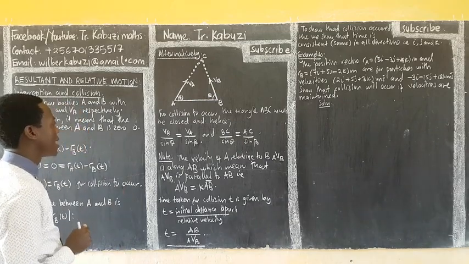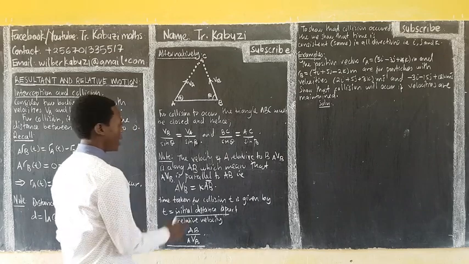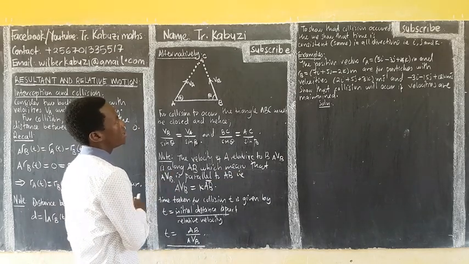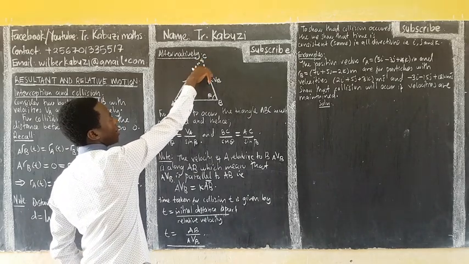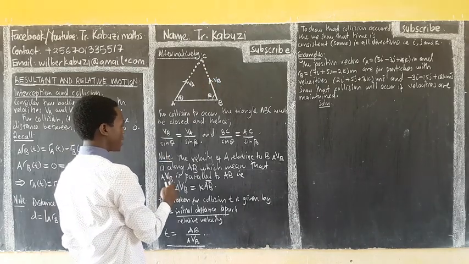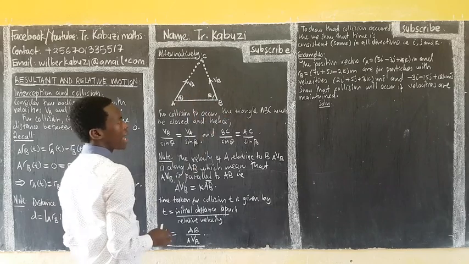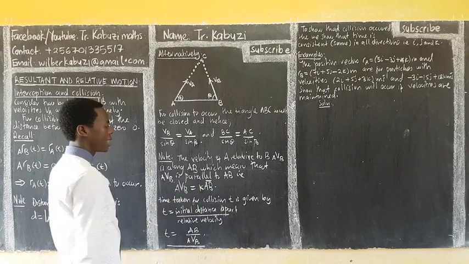As simple as that. Note, the velocity of A relative to B is always along AB. So the relative velocity is parallel to AB, equal to a constant scalar times it.